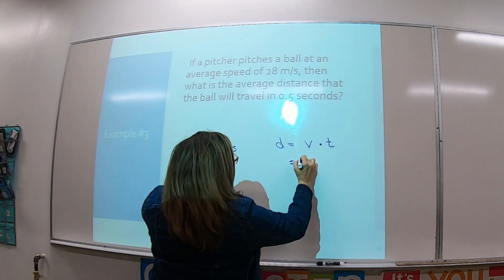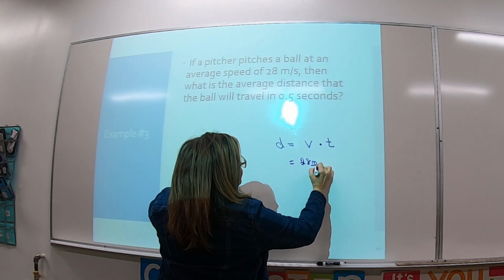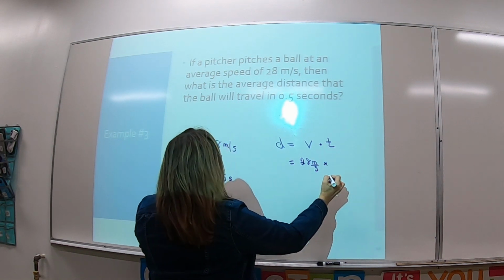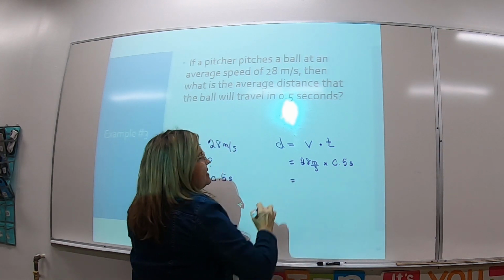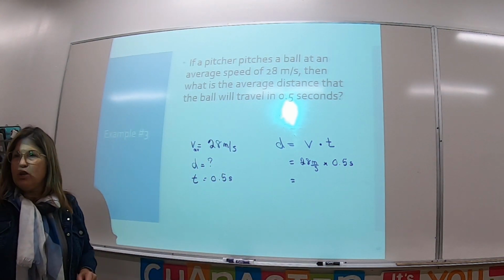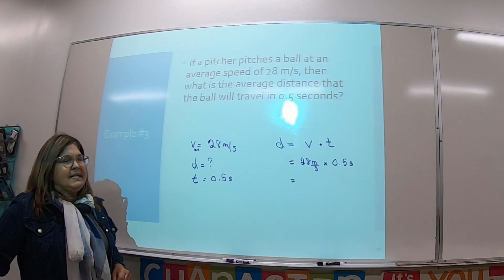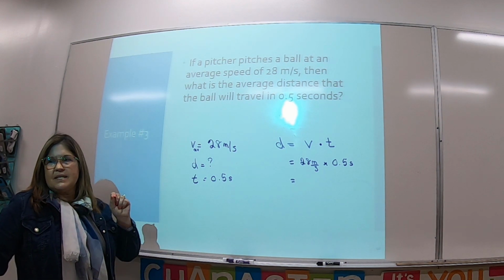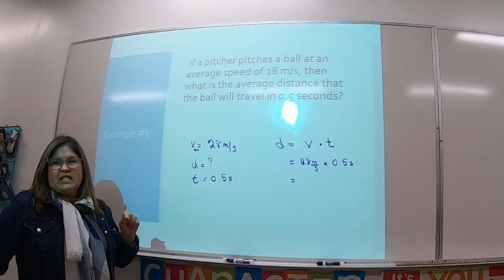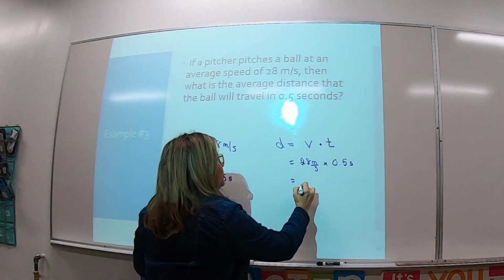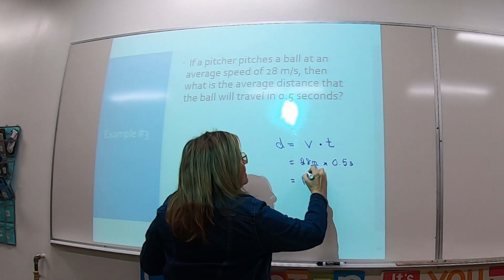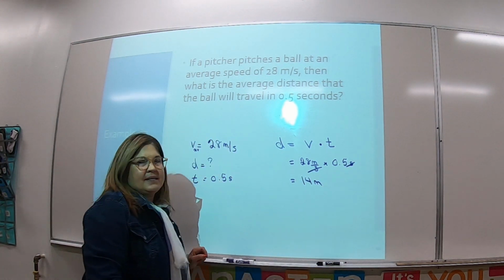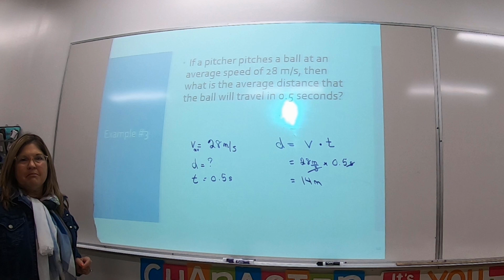Speed is 28 meters per second. Time is 0.5 seconds. And so now I have to find out my distance. So 28 times 0.5 is 14. And my unit is meters. Why? Because my seconds cancel and I'm left with a meter unit.